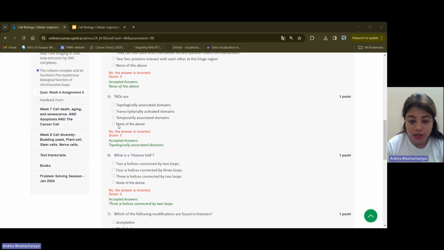Then in question 6, we are asked what is a histone fold. If you remember, we had seen the comparative structure of each of the histones and what the conserved areas in each are and how they are oriented in a particular manner, which looks like a histone handshake.